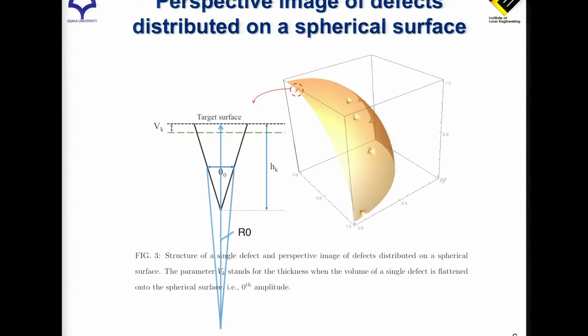So suppose a radius of 1,000 micron, that is a NIF target, and suppose theta 0 is 1%, then the defect size diameter is only 10 micron. And that 10 micron is a problem.